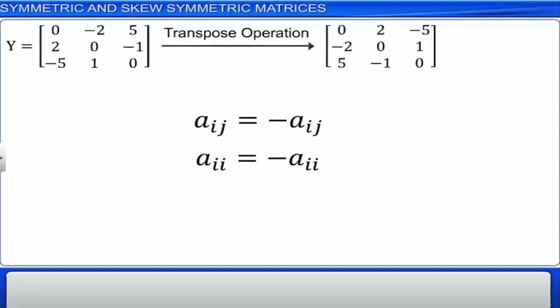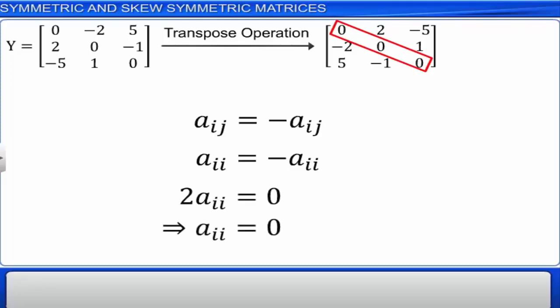Therefore, we have 2 Aii is equal to 0, or Aii is equal to 0. It means that all the diagonal elements in a skew-symmetric matrix are equal to 0. This is evident in matrix Y. Next, we will see two theorems based on symmetric matrices and skew-symmetric matrices.